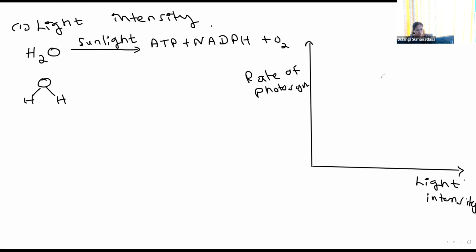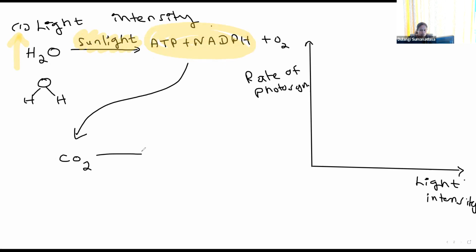We don't need oxygen now. So if I have lots of light, I can split a lot of water molecules, producing more energy, which can be given to the light independent reaction. Light independent is the carbon dioxide to glucose.